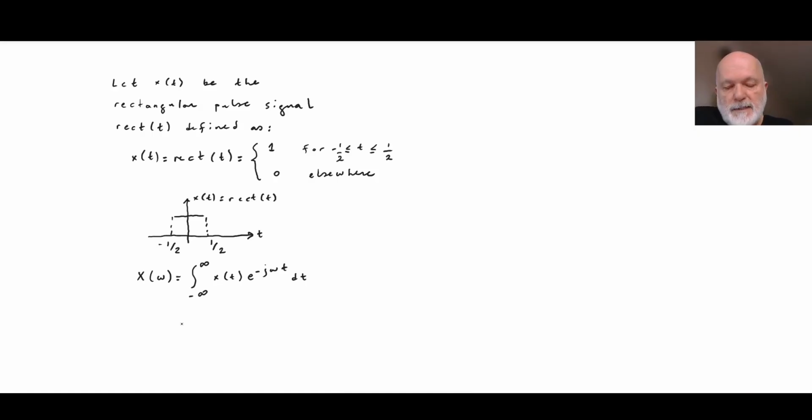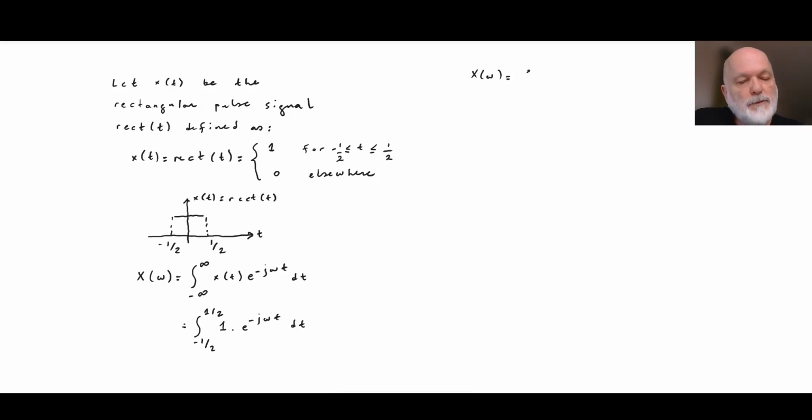Okay, so this is equal to, now x of t is only non-zero from minus 1 over 2 to 1 over 2. So we will have the integral from minus 1 over 2 to 1 over 2. x of t is equal to 1, and we have e to minus j omega t integrated with respect to t. So X of omega is the integral of e to minus j omega t.